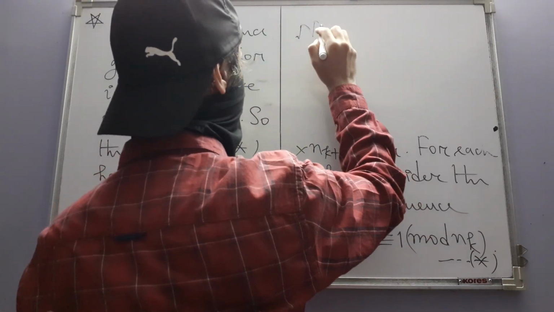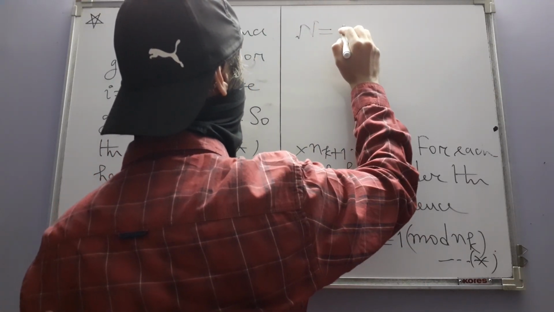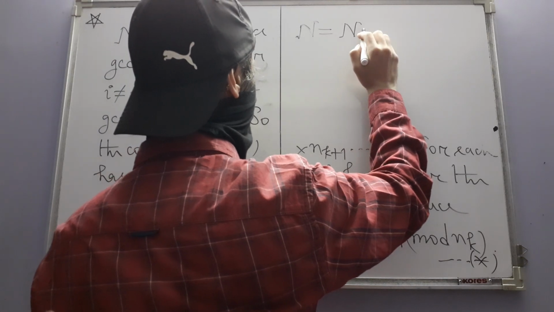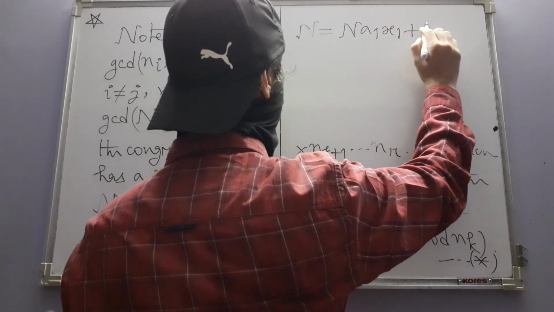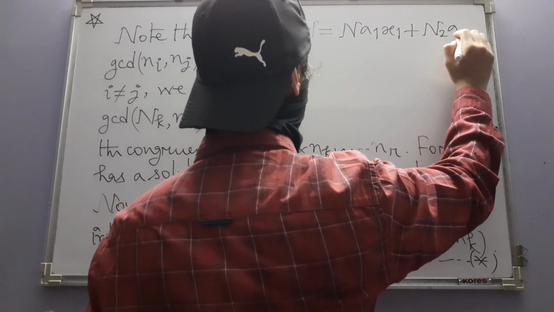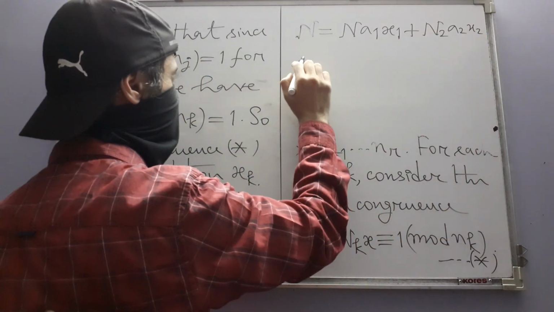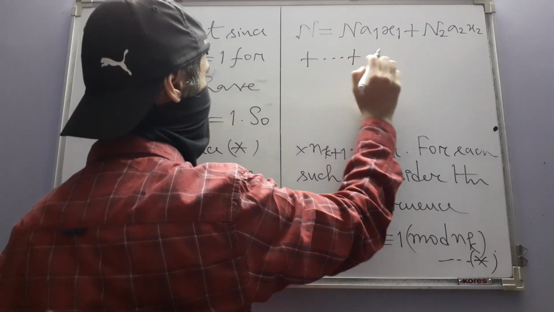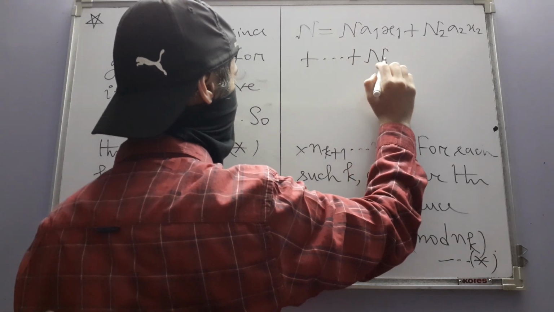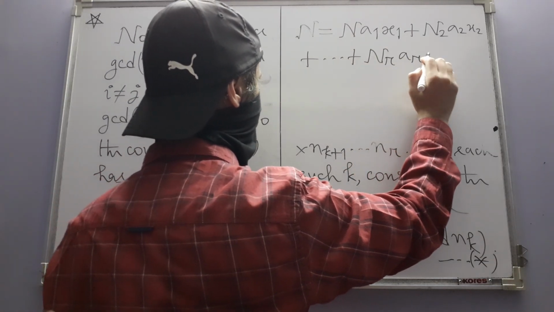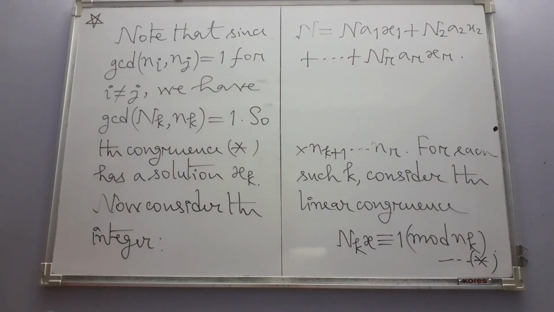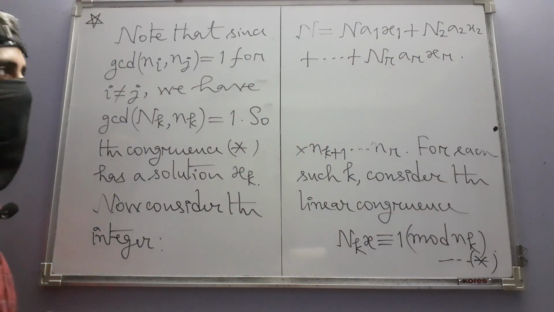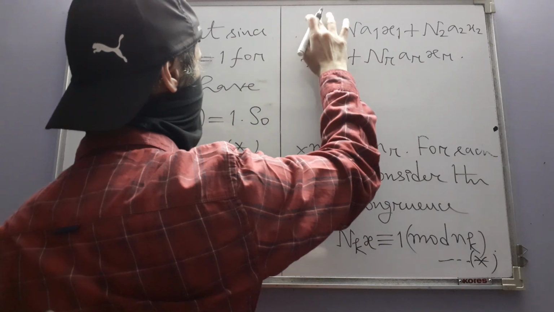Capital N is equal to N1 a1 x1 plus N2 a2 x2 and so on, Nr ar xr. What property does this capital N have?